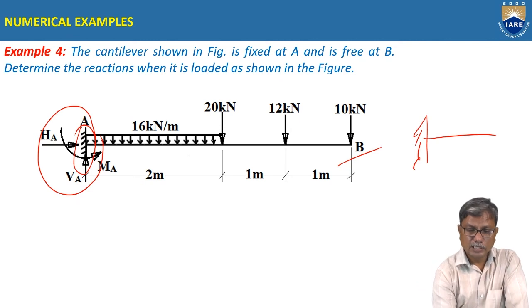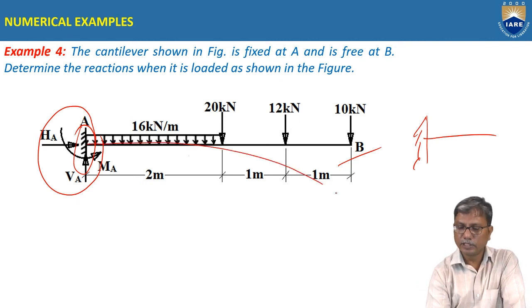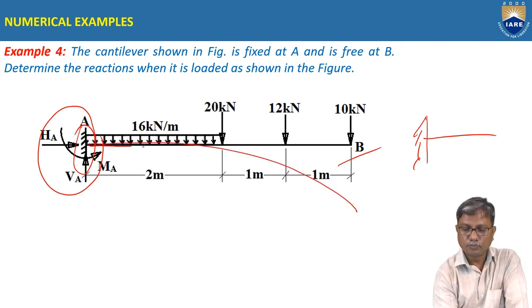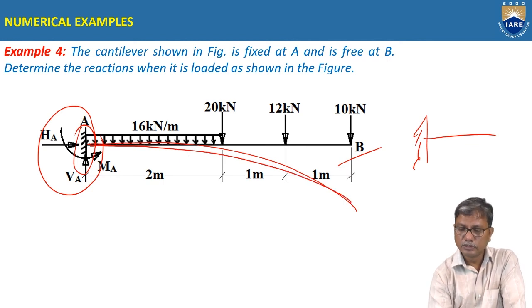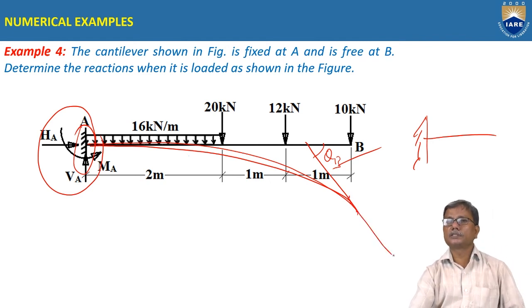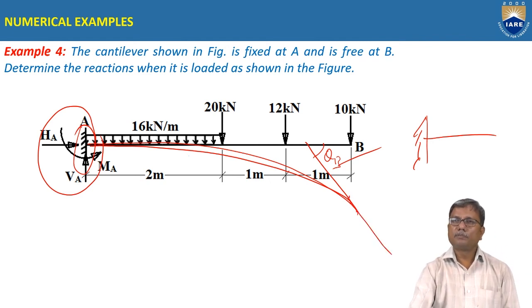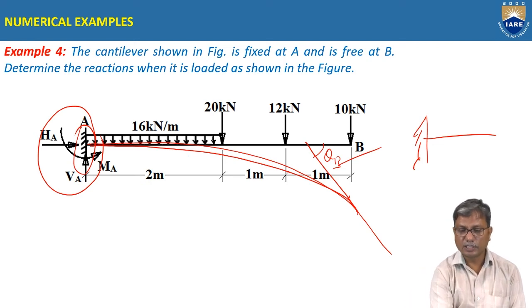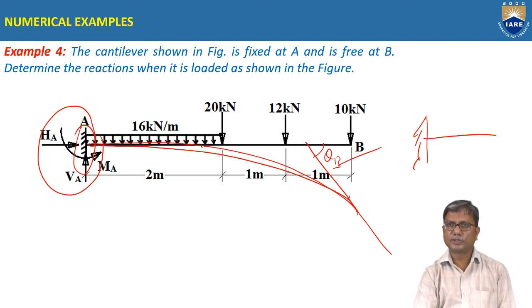So how will this bend? It bends like this. The slope at B is this one. The slope at any point is the angle made by the tangent to the deflected curve with the horizontal.